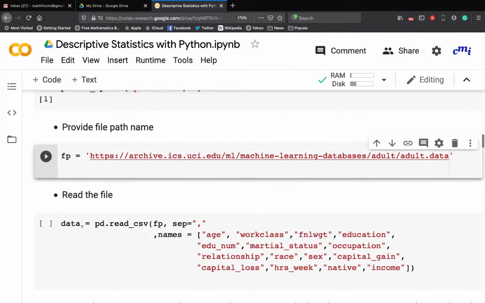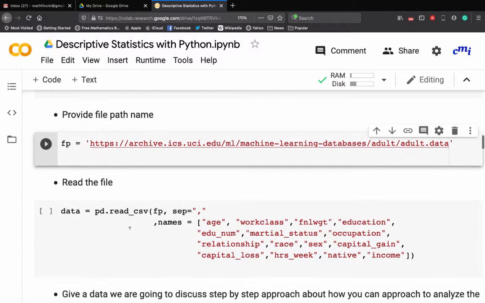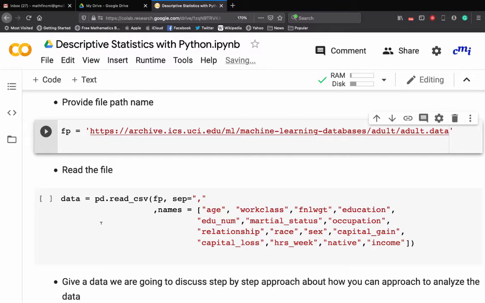Next, we are going to read this dataset from the internet. Make sure the system on which you are working is connected to the internet so that you can fetch the data directly into your Python environment or Google Colab environment.